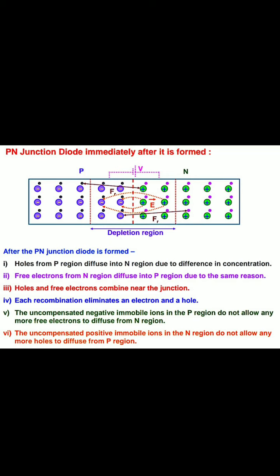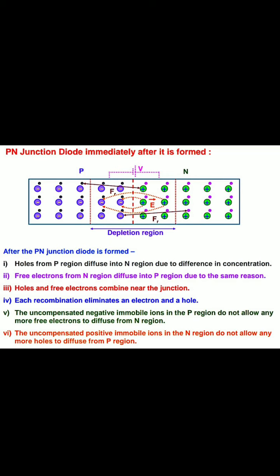Holes from the P region diffused into the N region due to the difference in concentration. Free electrons from the N region diffused into the P region for the same reason. Holes and free electrons combine near the junction. Each recombination eliminates an electron and a hole.